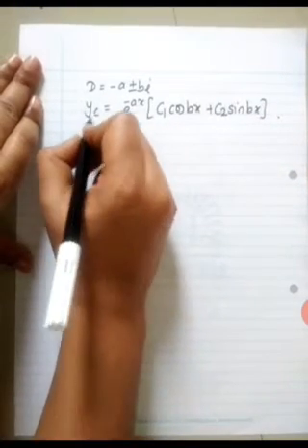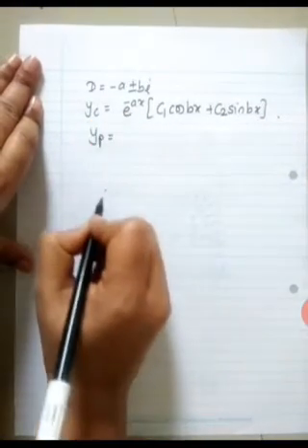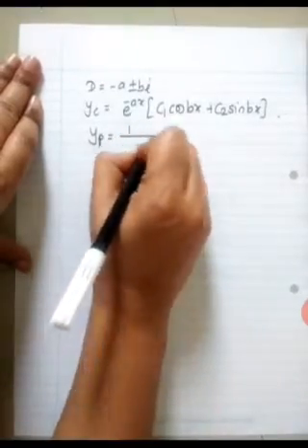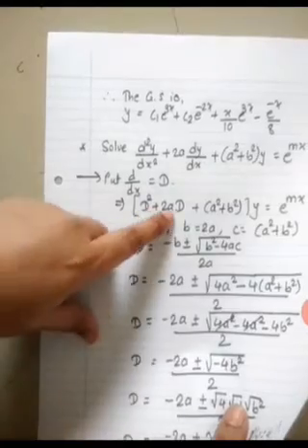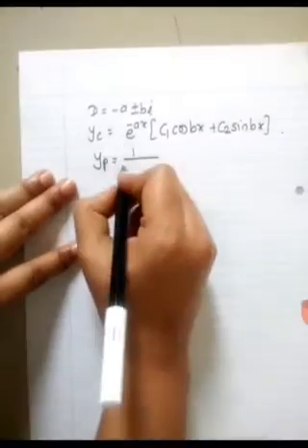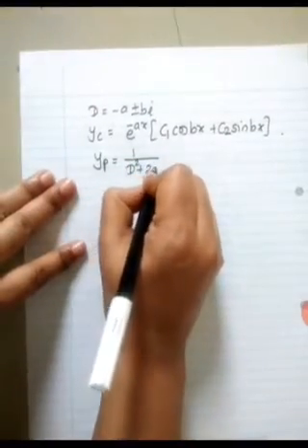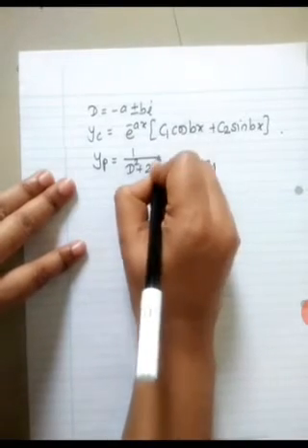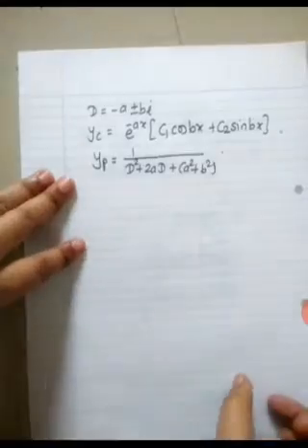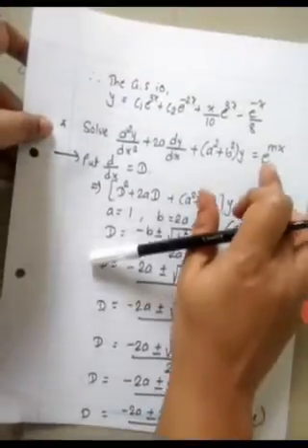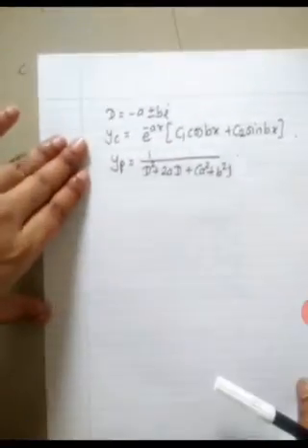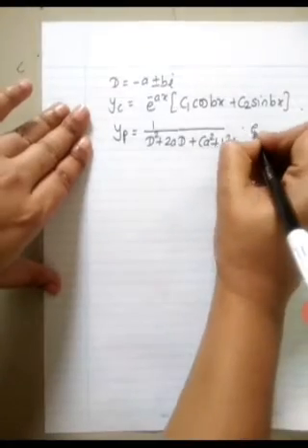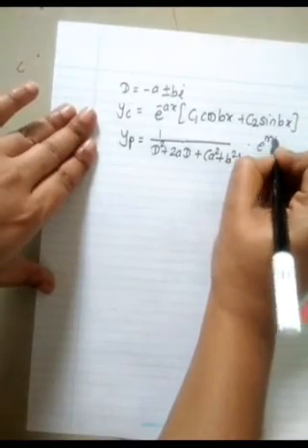Next, we should solve YP. So YP is 1 upon phi d. What is our phi d? D square plus 2AD plus A square plus B square, into f of x. What is f of x? E raised to mx. Into e raised to mx.